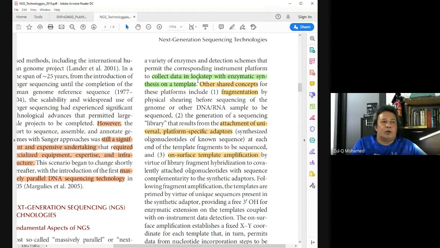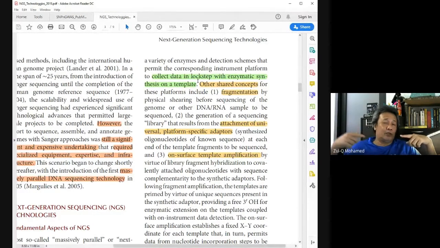So what are the common concepts of sequencing by synthesis? Number 1, they need to be fragmented, chopped into smaller fragments. Number 2, they generate a library of sequences for sequencing, which means you need to put on adapters.